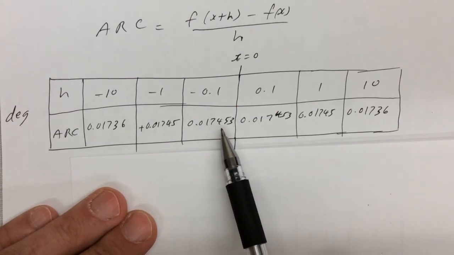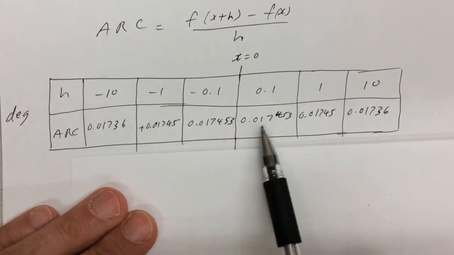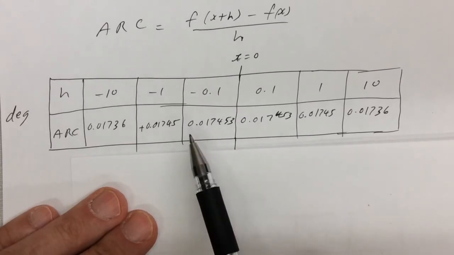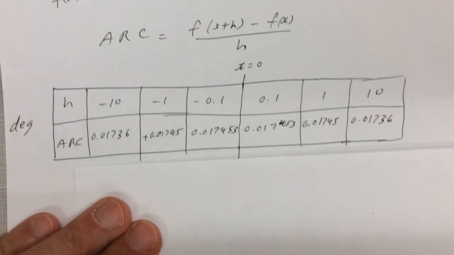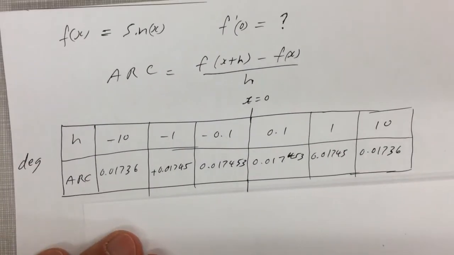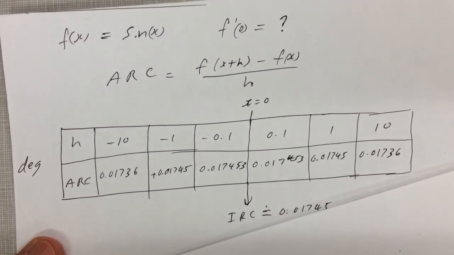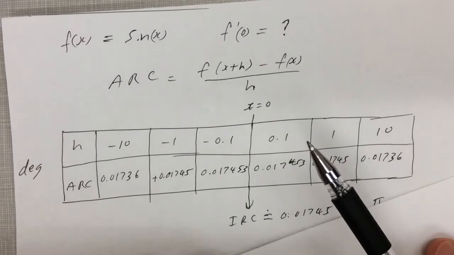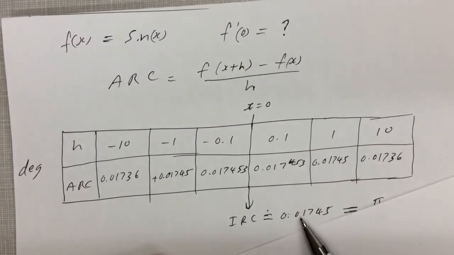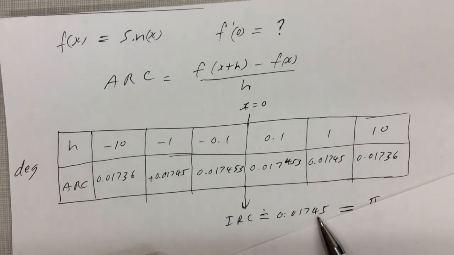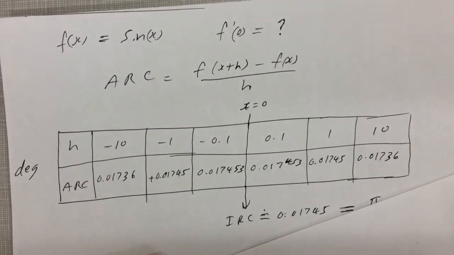So 0.01745 on both sides here, but there is a pattern. So from this pattern, we can basically now make a prediction that the instantaneous rate of change is approximately 0.01745. Now, if you pause for a second, you can put on your calculator pi divided by 180 and see what you get.